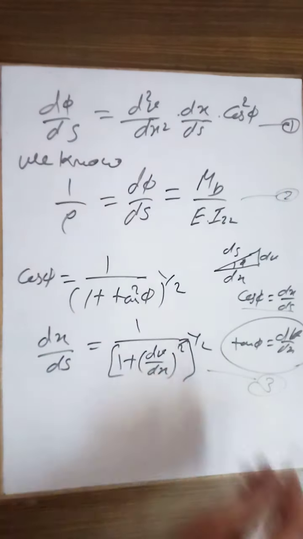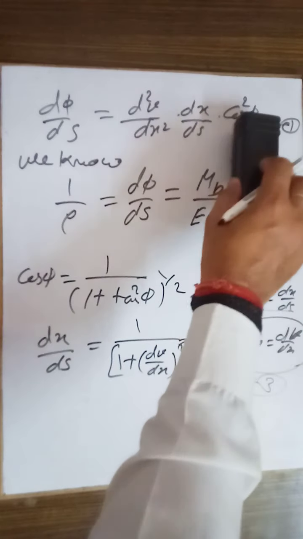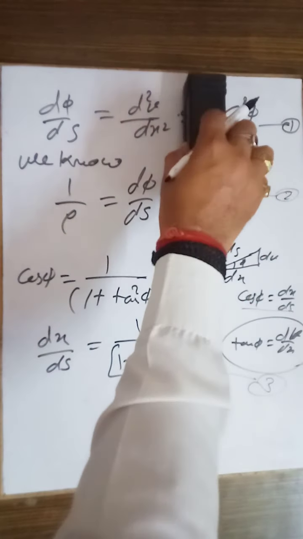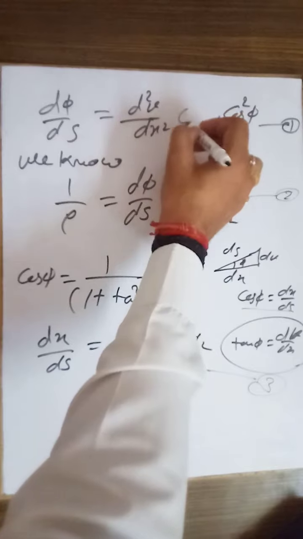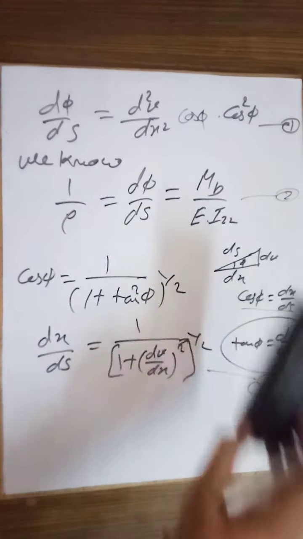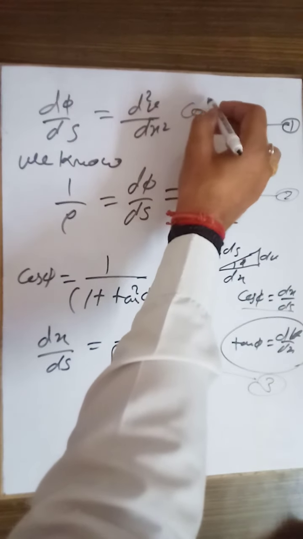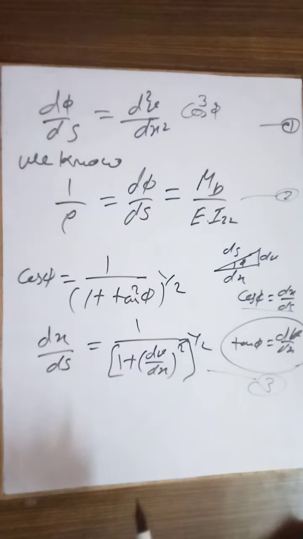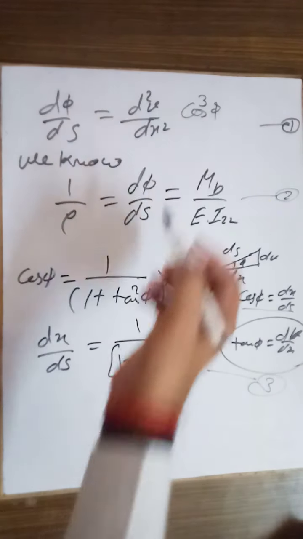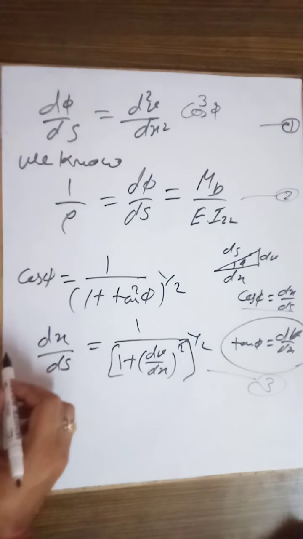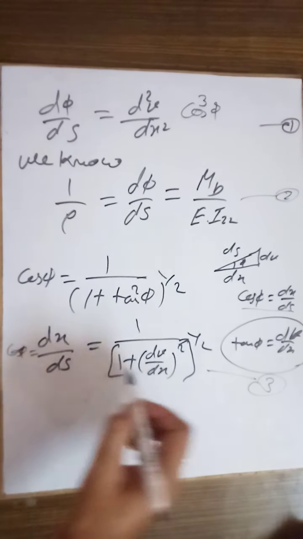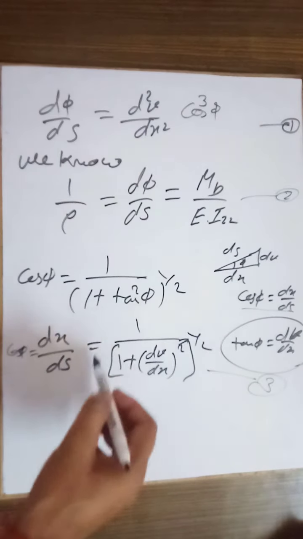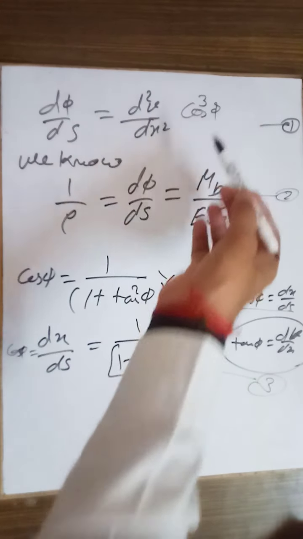So in place of this term, again here we put cos phi, and cos phi and cos square phi, so we can write it as cos cube phi. So this is our equation number 1 now. And in this equation, the value of cos phi from the other equation we will put here in equation number 1.